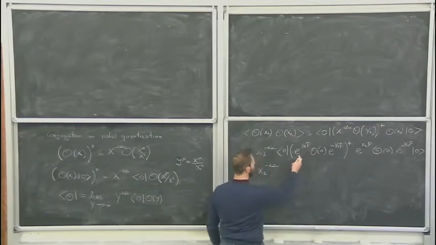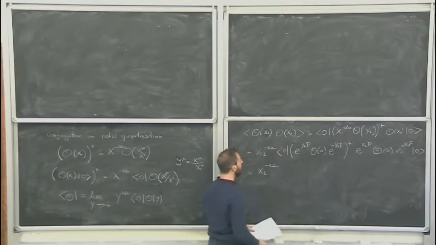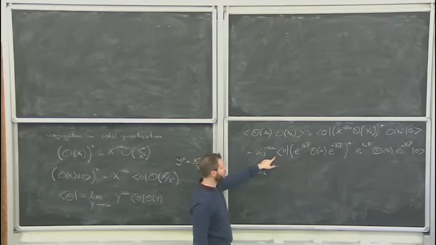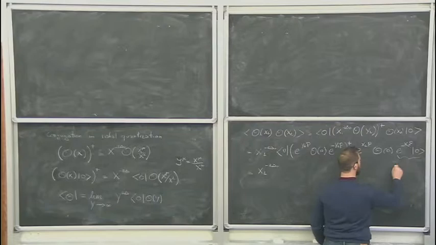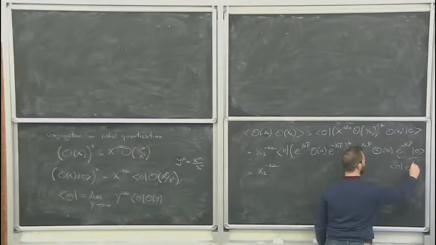And also, when K acts on the vacuum on the left, it's also invariant, because it's just a conjugate of this, right? If you take the conjugate of this, you get something like e to the minus xK.